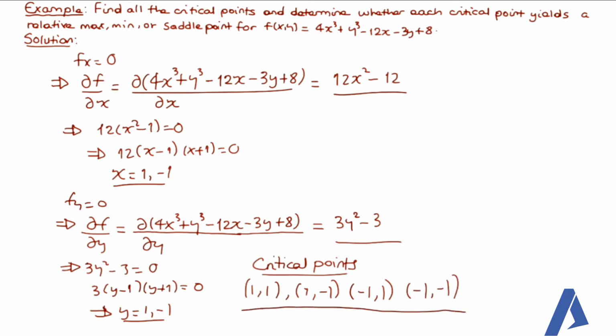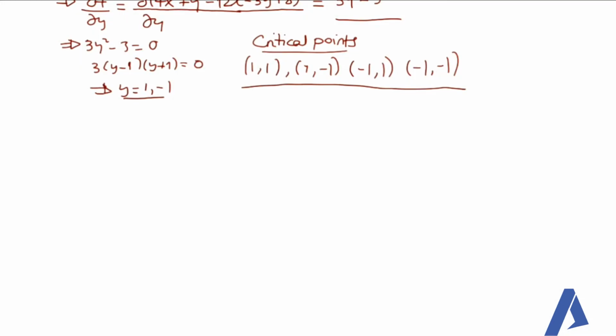ስለዚህ at these specific critical points relative maximum ካልኩሌት እያደረግን ኦብዘርቭ እናደርጋለን ማለት ነው። ይህን የምናደርገው it's by using the second derivative test. ስለዚህ second derivative test ለመጠቀም the second partial derivative ያስፈልገናል። ስለዚህ the second partial derivative of f with respect to x ምን ይሆናል ማለት ነው?